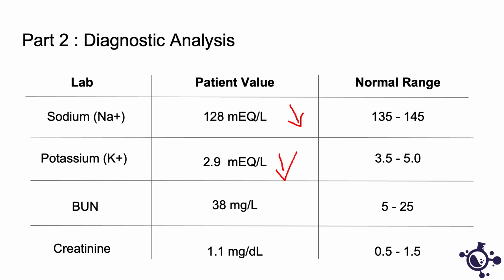And we have a BUN, which is 38, and the normal is 5 to 25. So this is high. And then a creatinine level of 1.1, and the normal range is 0.5 to 1.5. So this is normal.